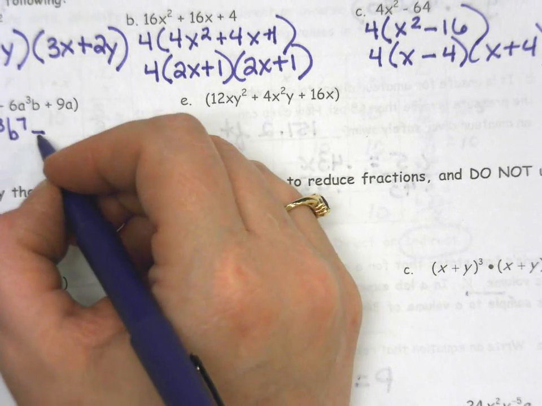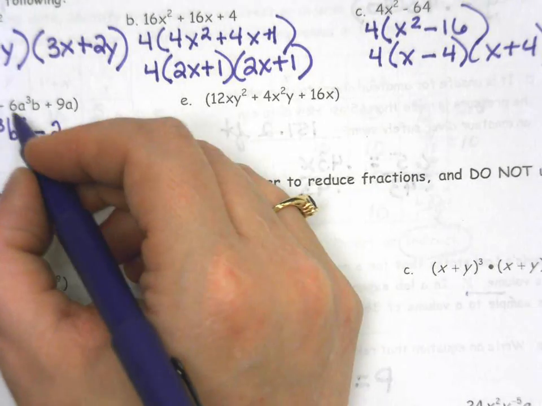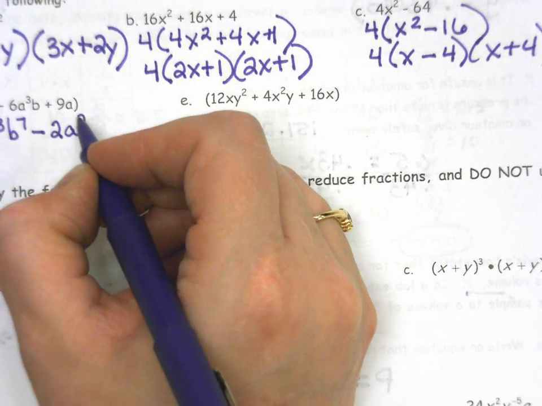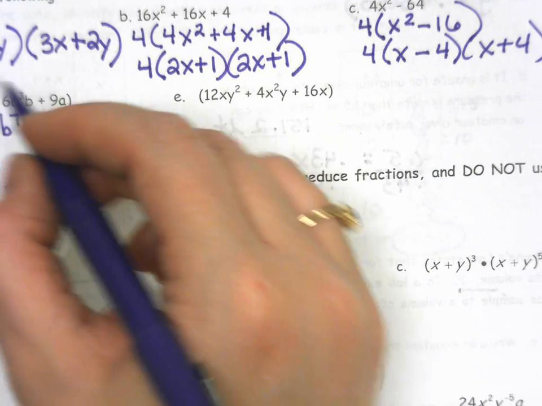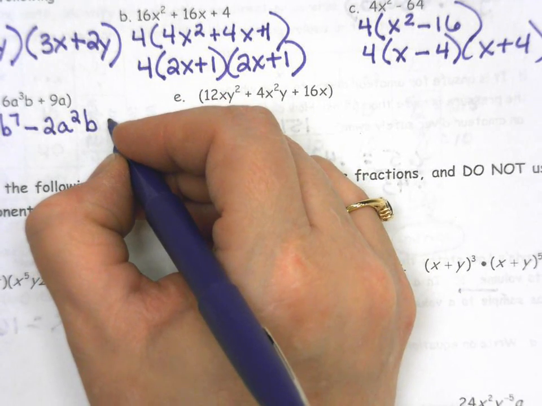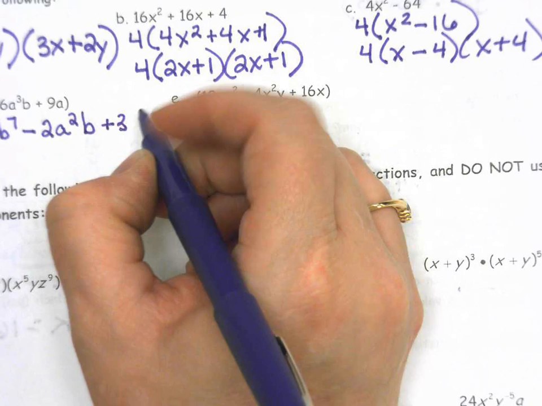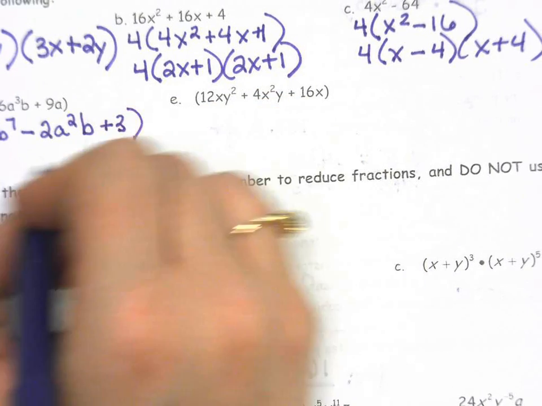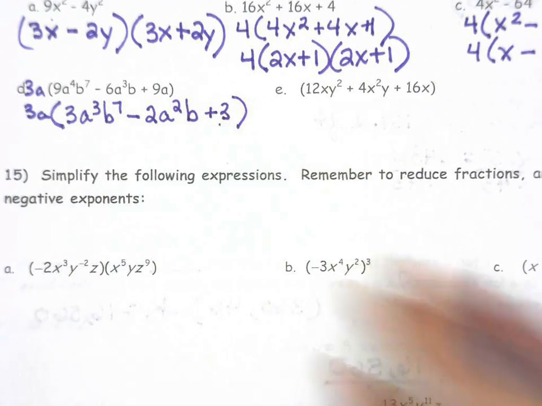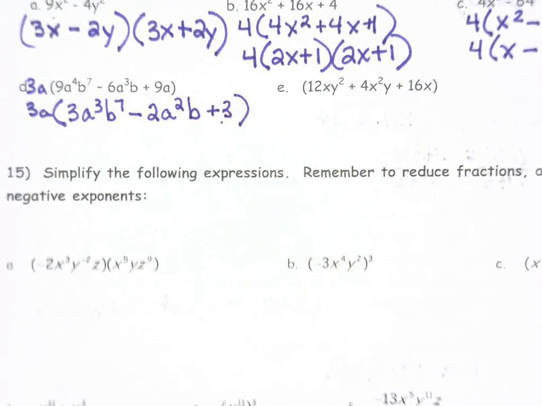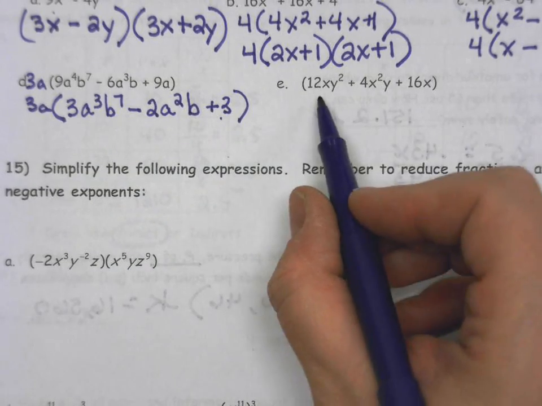Minus, negative 6 divided by 3 would be a negative 2. I took 1a away, so that leaves me with 2 left, and I still have a b, and 9a divided by 3a would be a positive 3. And I can't factor that anymore because this is not to the second degree, and so I'm done.